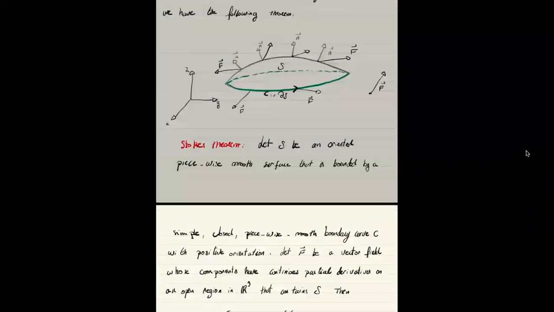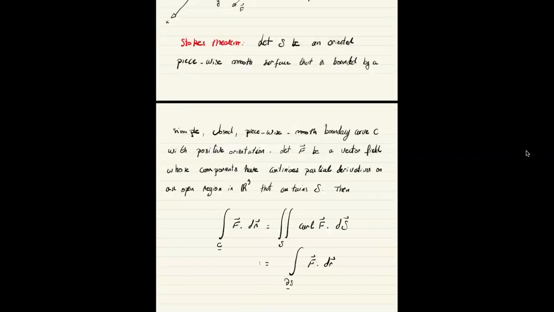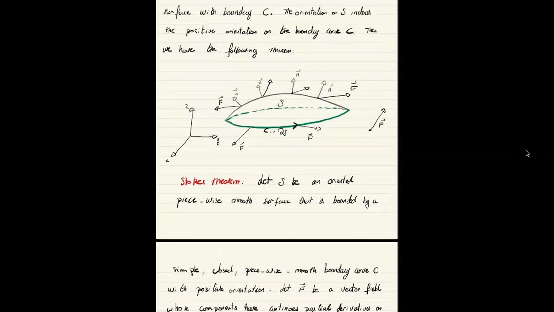So this means that if you have another surface and it has the same boundary, then computing the surface integral over this new surface is going to be the same because they have the same boundary.